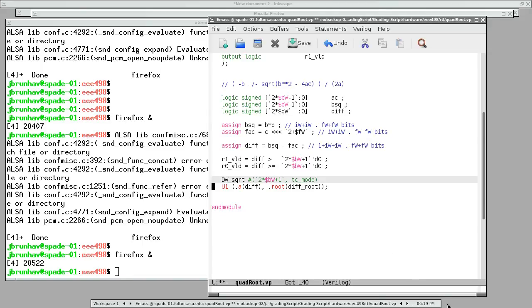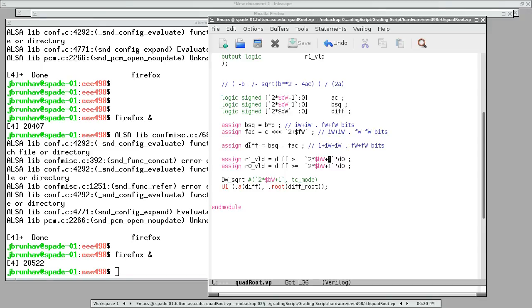Oh, GoCool is following along. For the R0 valid, why did you make it 2BW plus 1? So the question is, when I'm doing this assignment of R1 valid and R0 valid, and I have diff compared to 0, why is 2 times bit width plus 1 the bit width instead of maybe something like 2 times bit width?